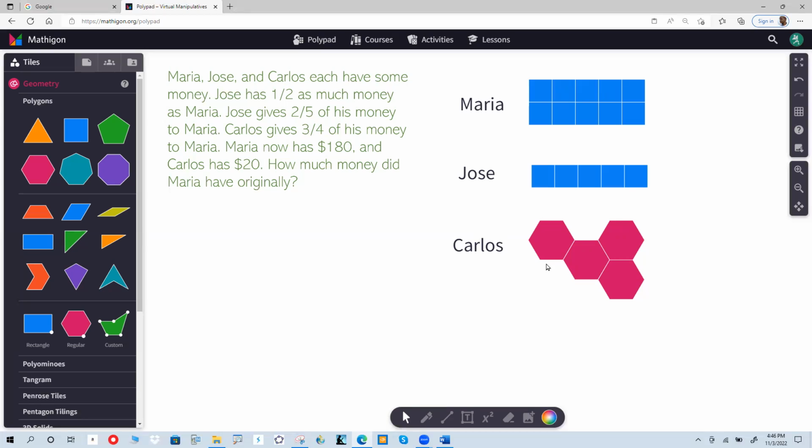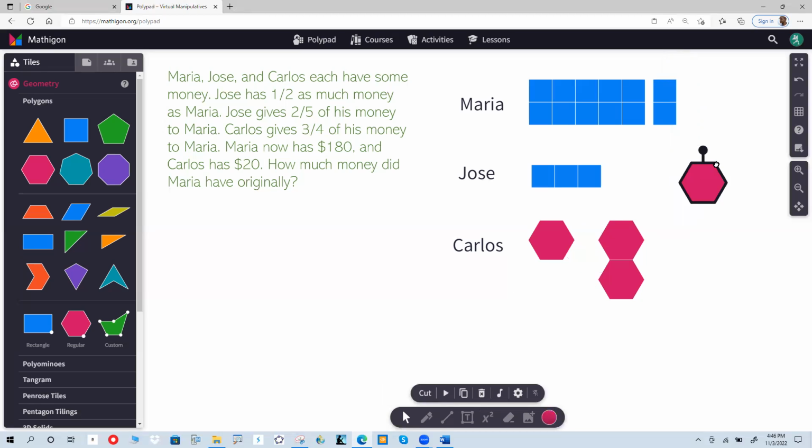So what happens? Maria gets 2/5 from Jose, so I'm going to take these 2 squares and give them to Maria. Now, Maria also receives 3/4 from Carlos, so 3 of these hexagons will go to Maria.